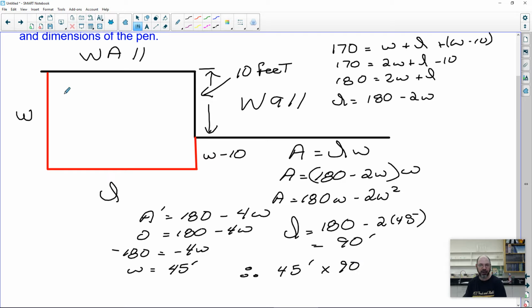And that's only with 170 feet of fence available because the wall takes up all that extra space there. So if we do 45 by 90, what is the area of our pen? 45 times 90, the pen area is 4,050 square feet. Okay, so that gives us the area of our pen.